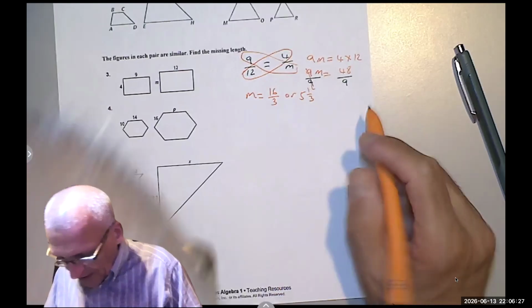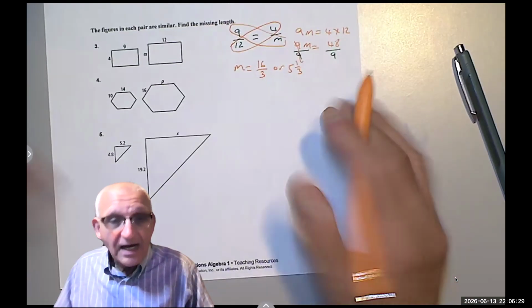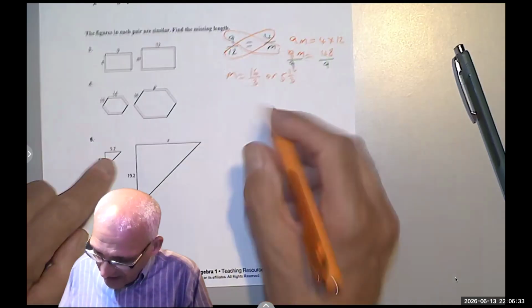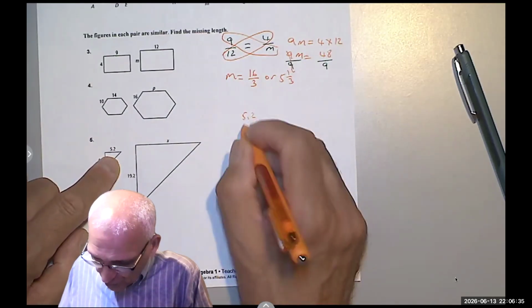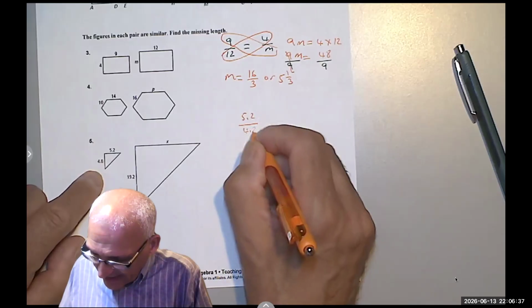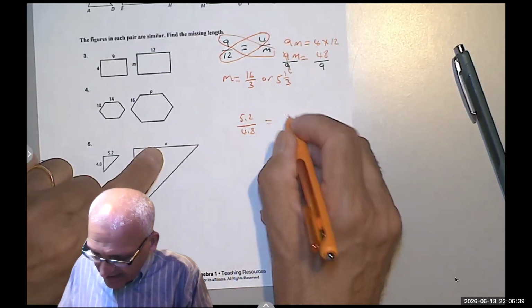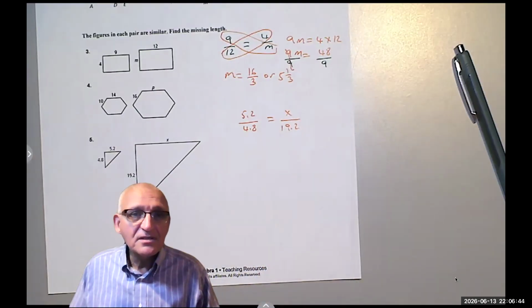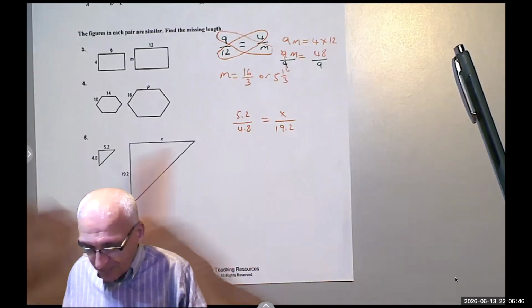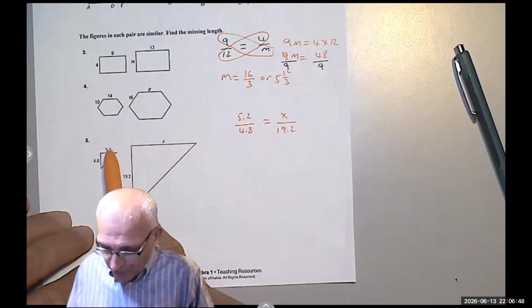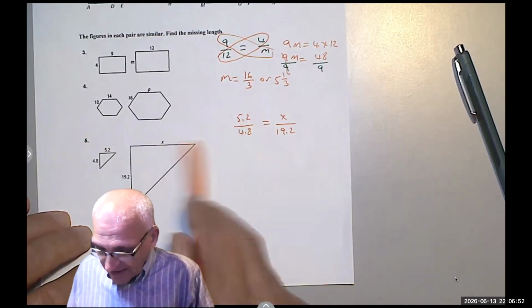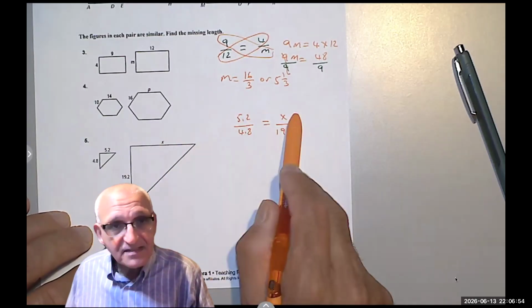Okay, when we move to number 5, I can do the same thing, but maybe I'll do it slightly differently. I'm going to say 5.2 over 4.8 equals x over 19.2. So for the similar corresponding sides, I put 5.2 as a numerator for the big triangle, and I put the corresponding side as the numerator.